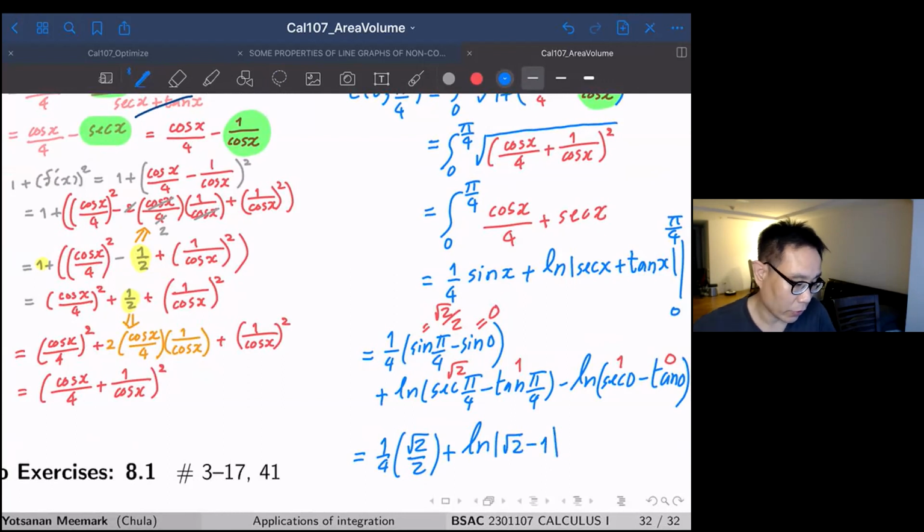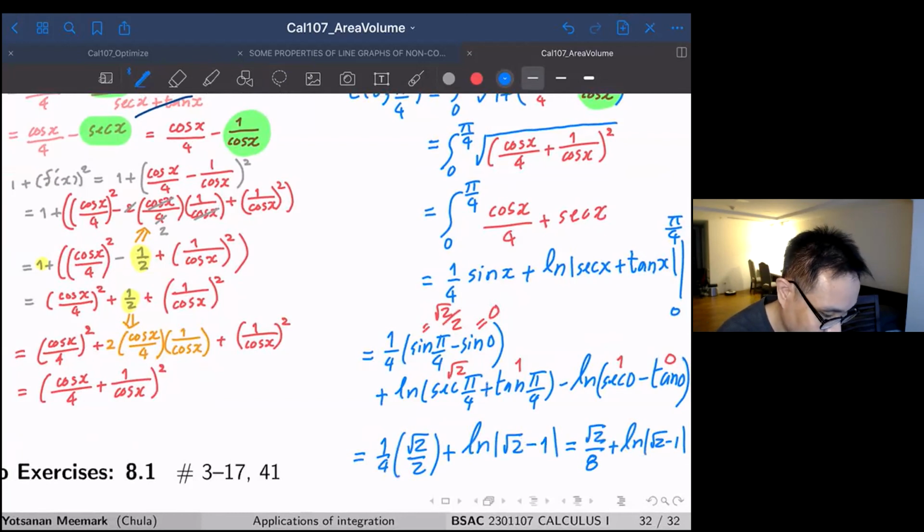Okay, so it's going to be root 2 over 8 plus log absolute root 2 minus 1, and that will be your final answer. Sec plus tan, right, so sec plus tan, sorry. So it's going to be root 2 plus 1 instead.